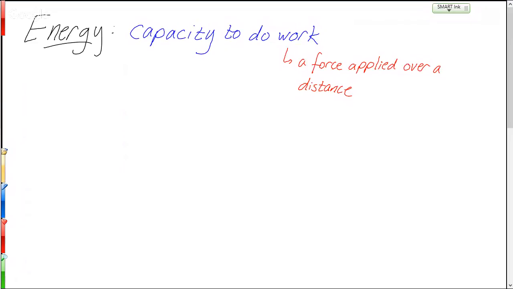So there are two ways to transfer energy. One is to do work, so to apply that force over a distance, and then you've transferred the energy to something else. What's the other way to transfer energy called?